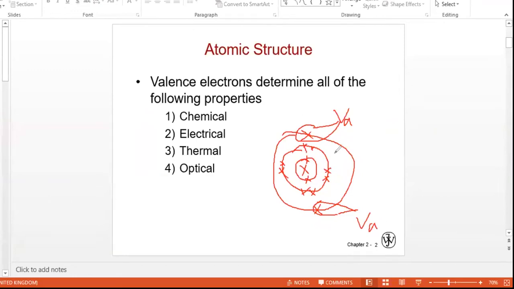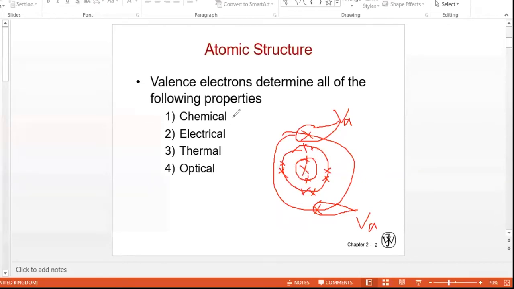These valence electrons are the main part in determining these properties, right? The inner electrons will not play that important role because it is a filled orbit; it is full.